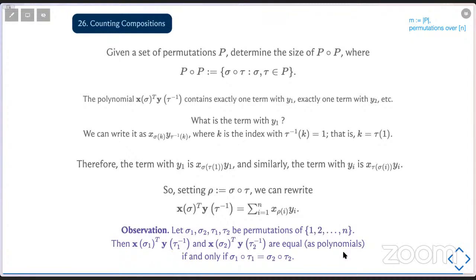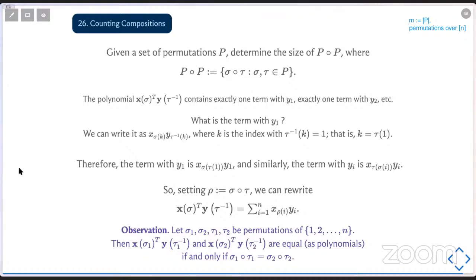That's straightforward in the sense that we know that X sigma 1 transpose Y tau 1 inverse is basically capturing rho 1, which is sigma 1 composed tau 1. So that's what the indices are going to be in this polynomial. And in the second polynomial, the indices are going to come from rho 2, which is sigma 2 composed with tau 2. So if these 2 compositions are essentially the same permutation, then they're going to manifest the same polynomials.